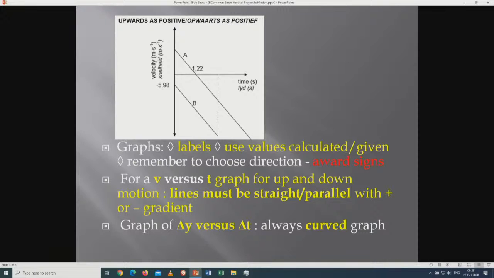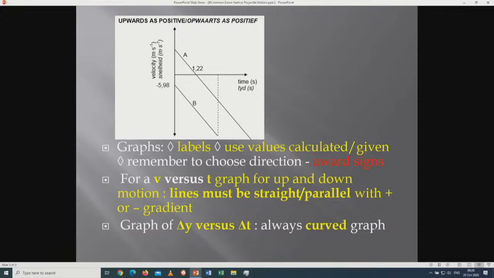So expose yourself to a few graphs where delta y is drawn against delta t, and that you can relate this to a velocity time graph. So play around backwards and forwards to draw graphs, the one from the other.